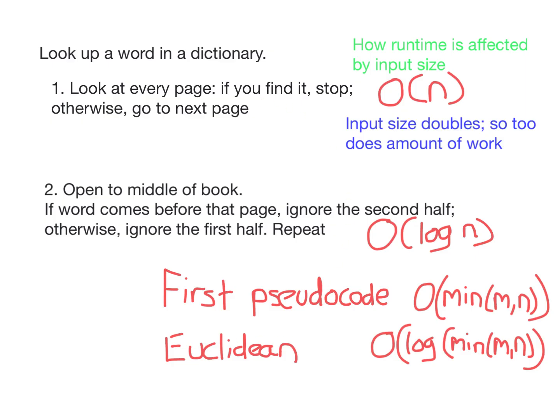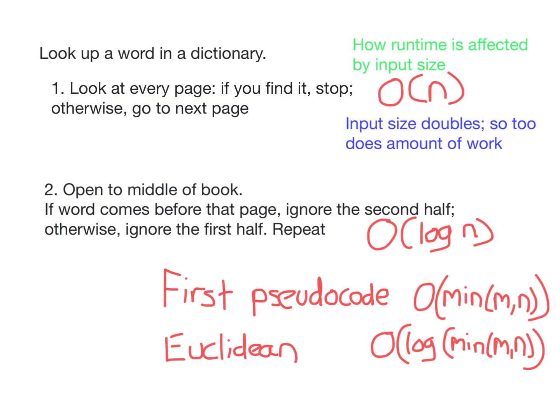On the other hand, the Euclidean algorithm, its running time complexity is log of a number. So it's similar to this one here. If you increase the numbers, you make them larger, you don't actually increase the work the computer has to do by anywhere near as much. And that's why the Euclidean algorithm is a far more efficient algorithm than is the first one.